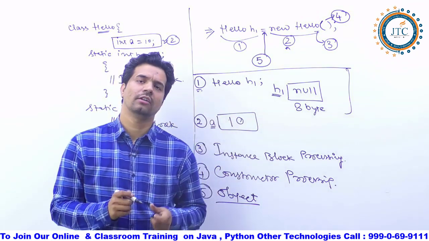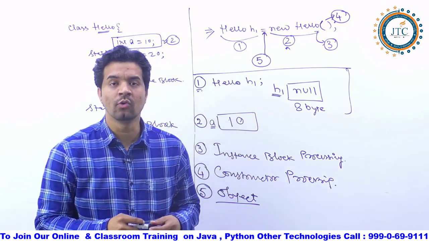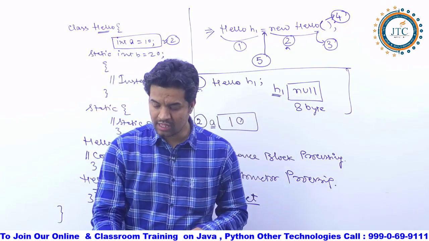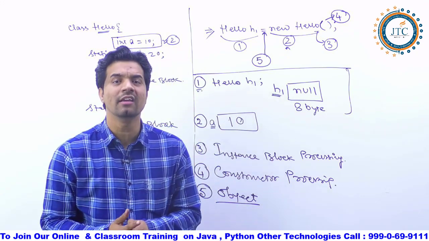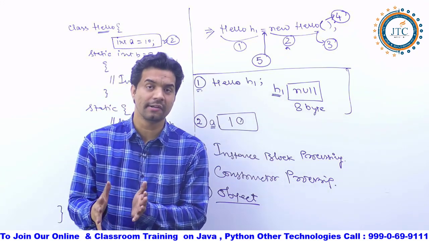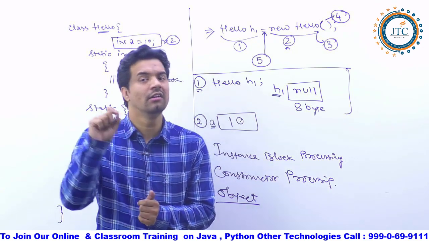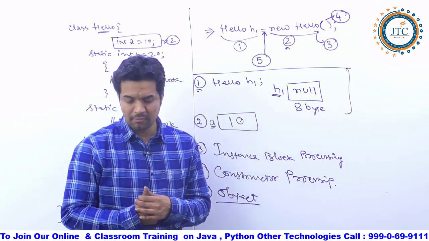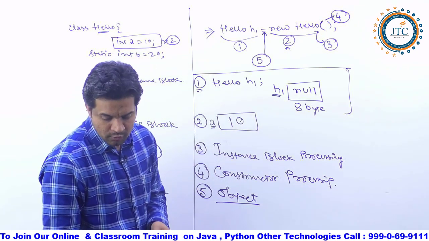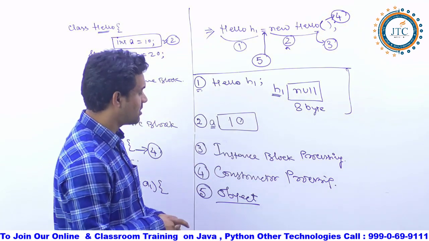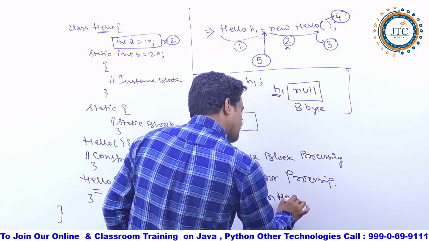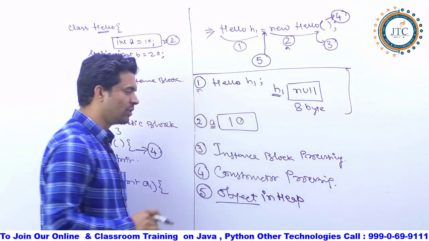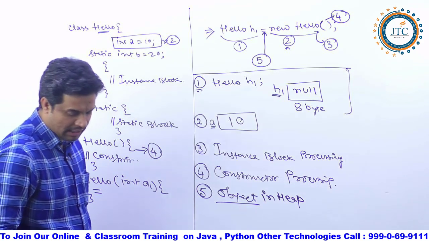Any type of object, whenever you create any kind of object, that object always and always is going to get memory in the heap memory. Where is it going to get memory? Inside the heap memory. Now, this object is going to be allocated into the heap memory, right?